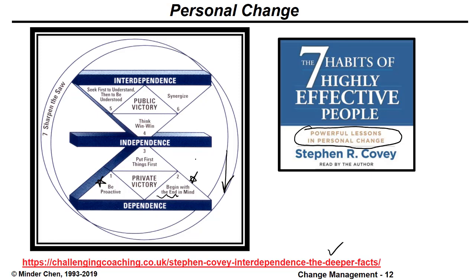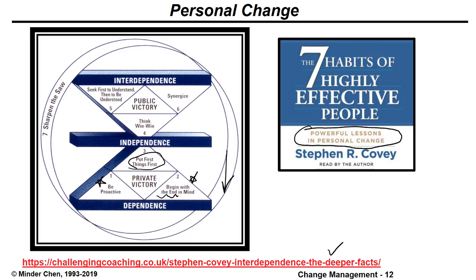Put first things first, which means you need to have priority. Priority is very important, particularly for people who may have many interests, ideas, or dreams. Having some priority to put first things first is very important.